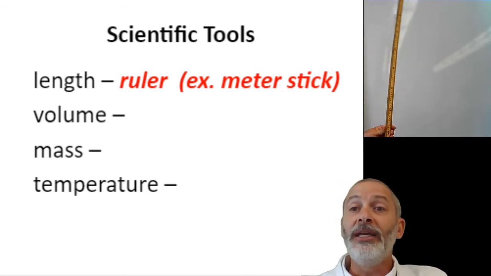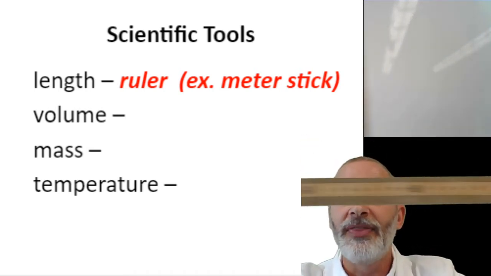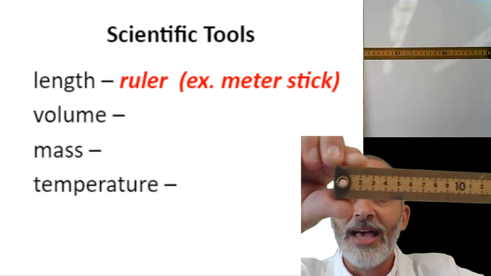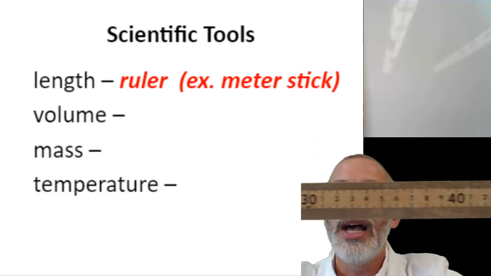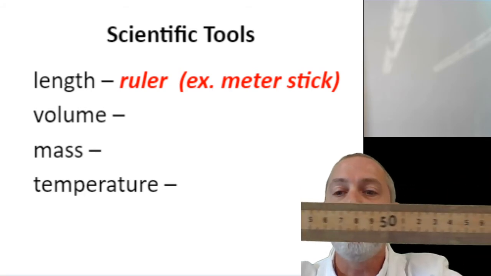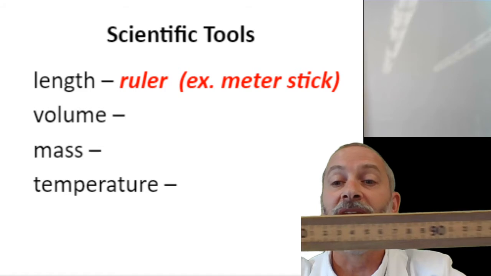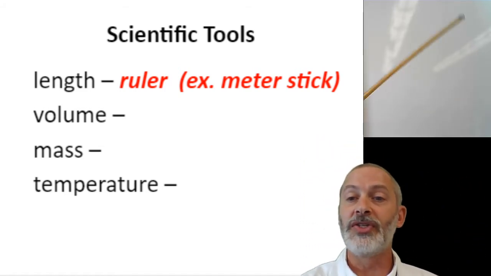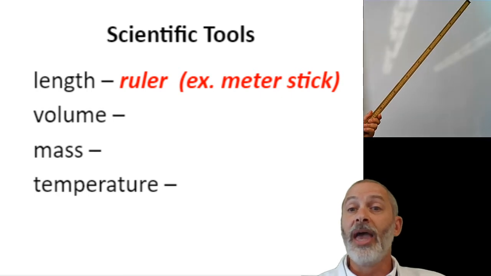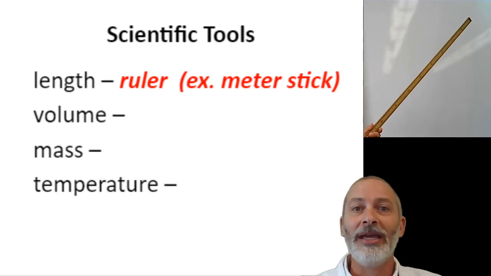And if I bring it in for a closer view, you can see that the meter stick has lots and lots of little lines on it and numbers. And we're going to be learning how to use the meter stick, the entire length of the meter stick, which is a meter long. So we'll get back to the meter in a while.